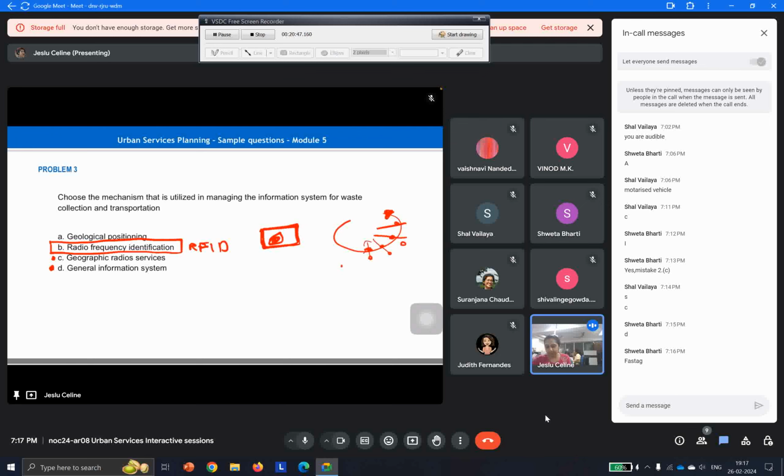It's a waste bin and there's an RFID tag, and there is a sensor also. So it automatically looks at when the waste bin is full, this RFID tag can sense that and then send a signal. There are other chips also inside it which send a signal to the main system, which says that the waste bin is full, it needs to be emptied.